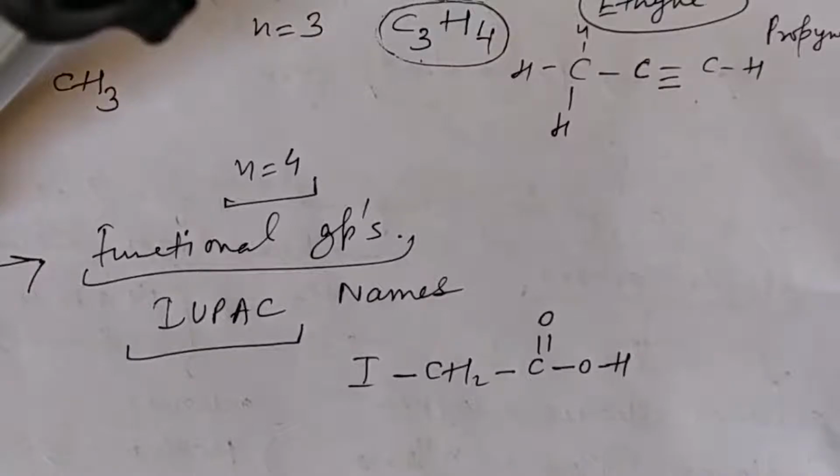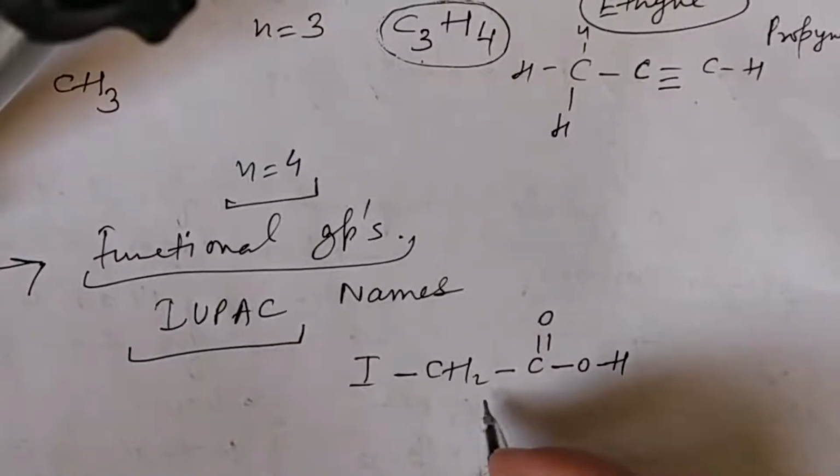Otherwise, I am writing here. Check your answer. Okay. See, while writing the IUPAC names, what rules do you have to follow? First of all, you have to see that a prefix is a part of the IUPAC name which appears in the beginning.